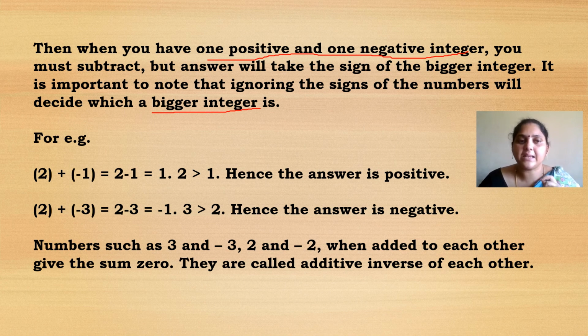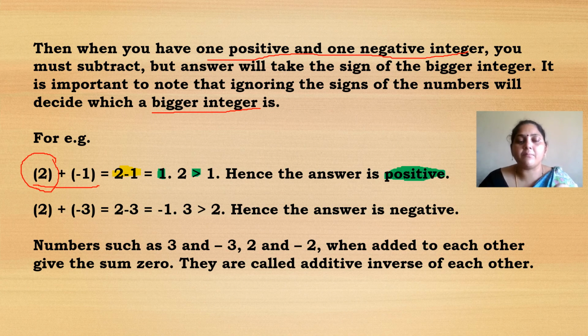For example, I have taken 2 plus minus 1. My bigger number is 2 here. So from this 2 I have to subtract 1. What will be my answer here? My answer will be 1. Now if you observe, 2 is greater than 1. What is the sign of 2? It is positive. So our answer will be positive.